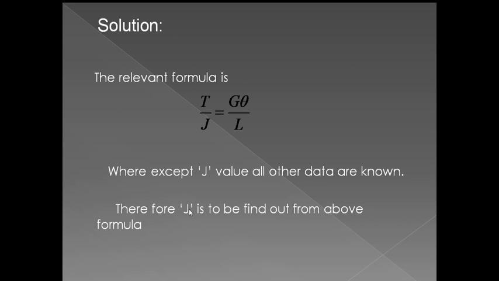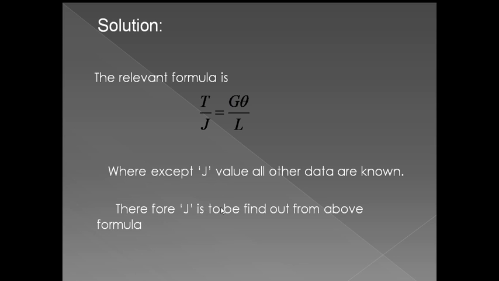From this, first we'll take the torsional equation T by J equal to G theta by L. In this equation, we know the value of T, and the G value is given, theta is given, and L is given. So what we need to find is the J value.